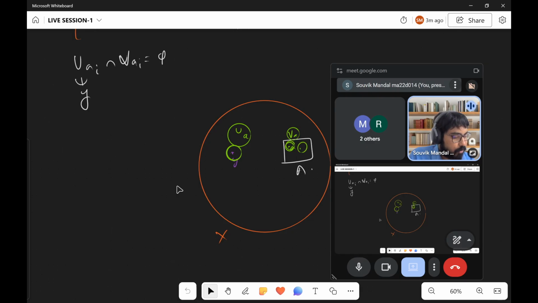And for each point we are getting things like that. Now can you please create an open cover which lies outside A but contains y? Can you please do that from the picture itself?